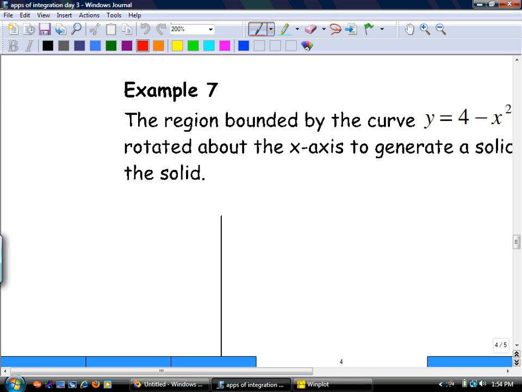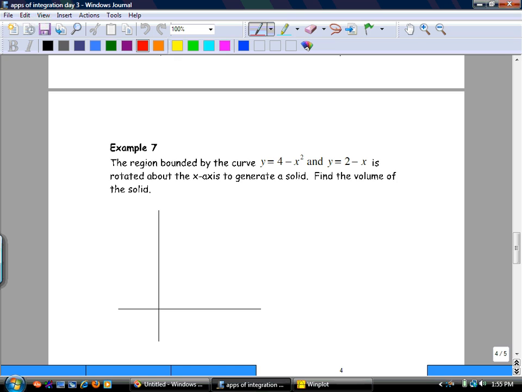Find the region bounded by the curve y equals 4 minus x squared and y equals 2 minus x. If it's solid, find the volume. The first one is a parabola going down.